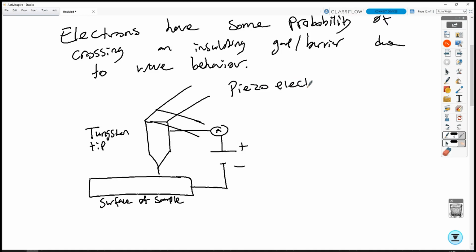So these are piezoelectric transducers, and they move the tip up or down in the XY plane.